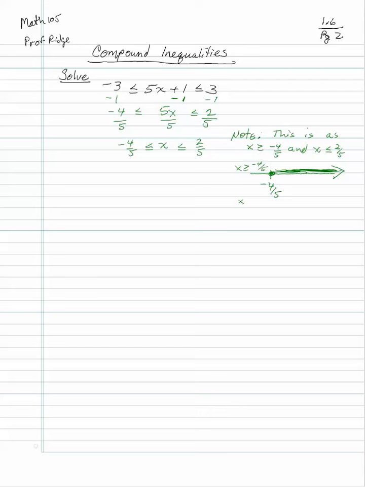If x is less than or equal to 2/5, you go to 2/5, solid dot, and go to the left forever. What we want is the overlap between these two, which is just the stuff in between negative 4/5 and 2/5.